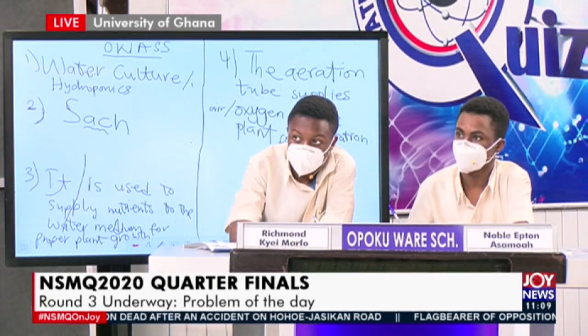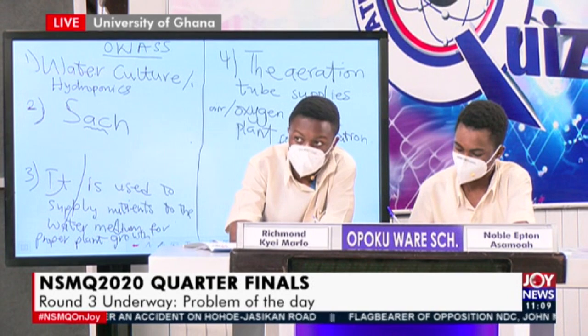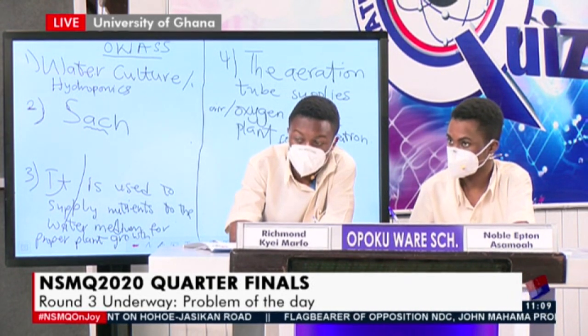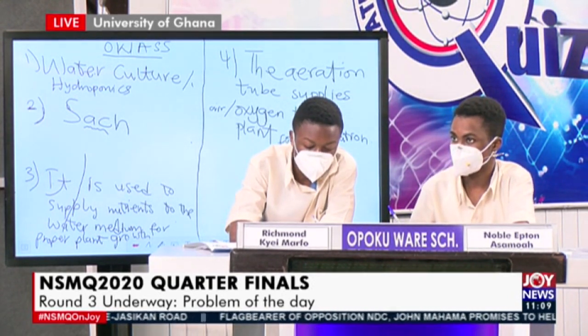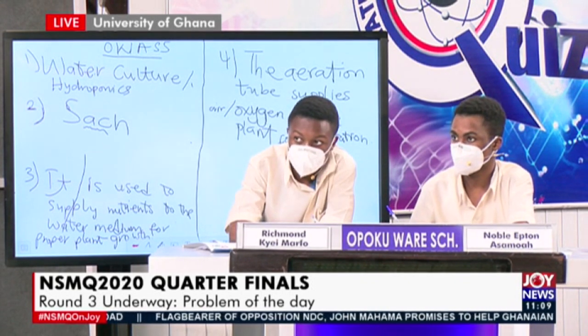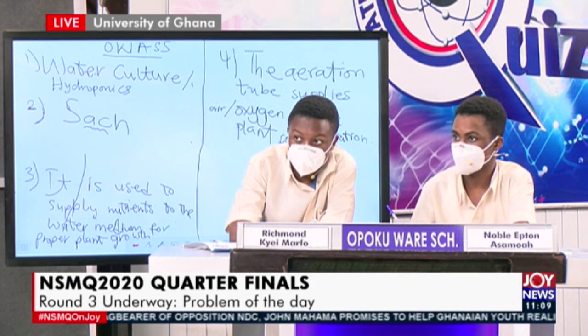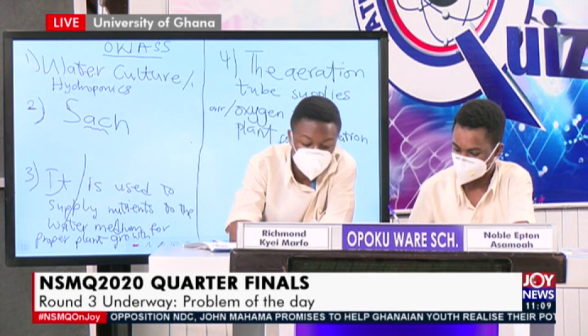Opoku Ware School. Hydroponics, you even added water culture. Okay, hydroponics is there. I'll give you the 2 points. The scientist, similar issue with the spelling, right? So partial credit, 1 point. The importance of the feeding funnel, to add nutrients, yes, supply nutrients, that's fine, 3 points.